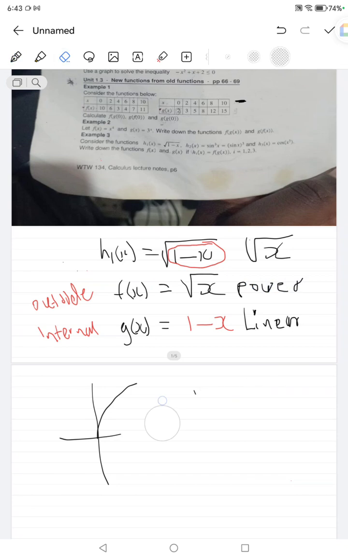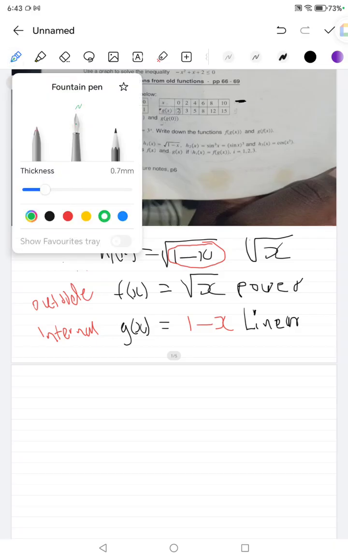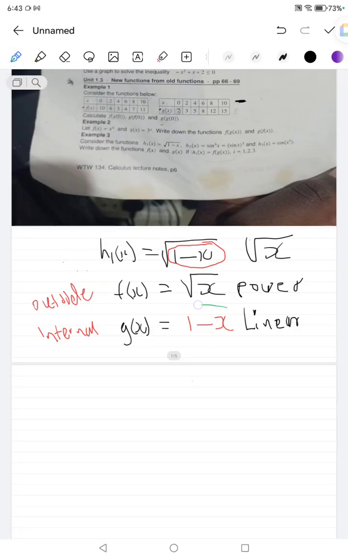Those are the steps you have to follow when you're solving this type of question. You start on the internal side, and you write down the function that you have, which is your 1 minus x. Then you ask yourself, what type of function is this one? Then you write on the side that it's linear. Since I've removed one function, what am I left with?